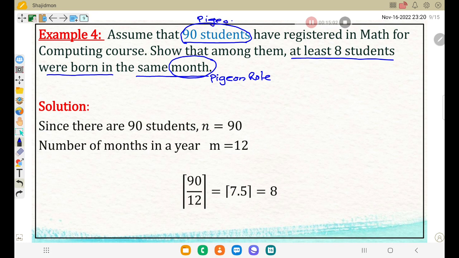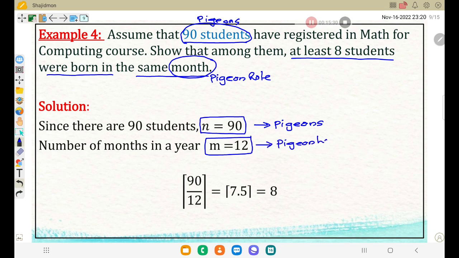In every question, assume what is the pigeon and what is the pigeonhole. So we have 90 pigeons. Since there are 90 students, n equals 90. Now related to the month, how many months are there in a year? 12 months. This is what we are calling the pigeonholes. So 12 pigeonholes.